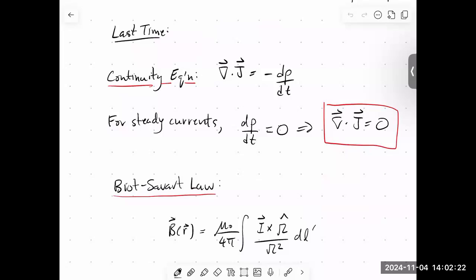And so d rho dt would be 0. In that case, the divergence of J would be 0. That tells us how much current is leaving our volume. But if we have equal charge leaving and entering, then d rho dt would be 0, and the divergence of our current density would be 0. Okay.